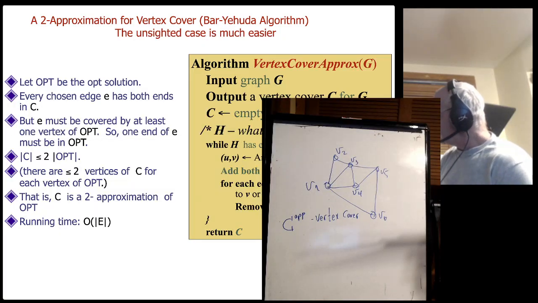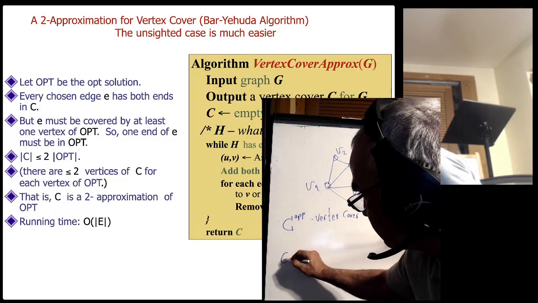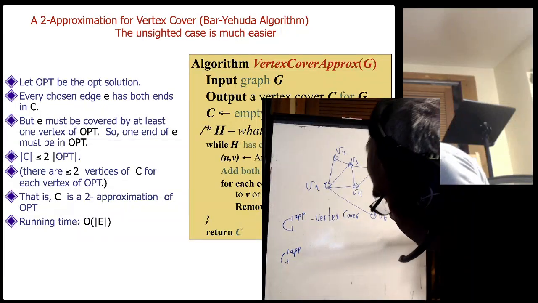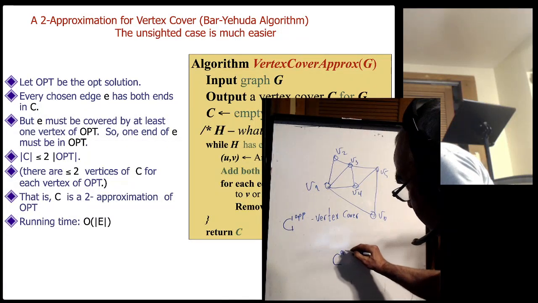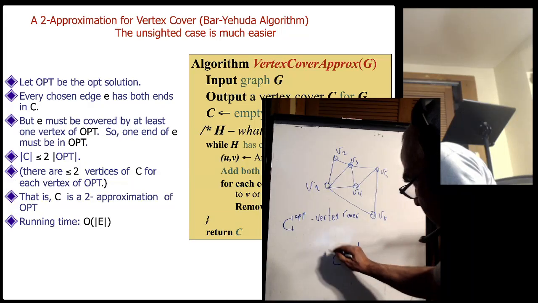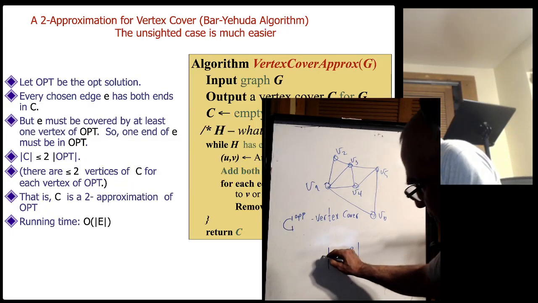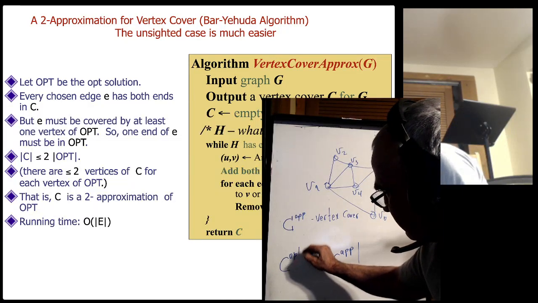And I'll want to argue that for this set C approximate, if I look at the cardinality, how many vertices did I take in my approximated solution? This will be, of course, larger or equal than C optimum.